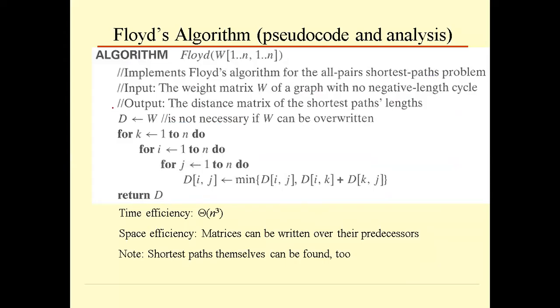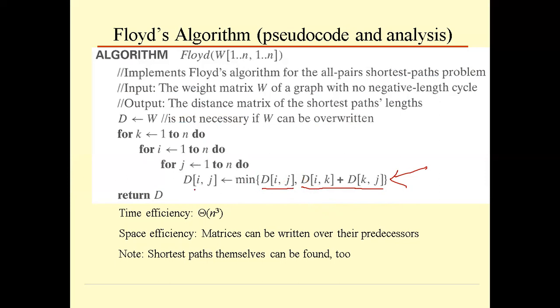And now this is the algorithm, Floyd's algorithm. Actually, the formula is implemented inside the nested for loop. The distance without any intermediate vertex is taken, and the distance with intermediate vertex k between the vertices i and j is also taken, and both the values are compared.